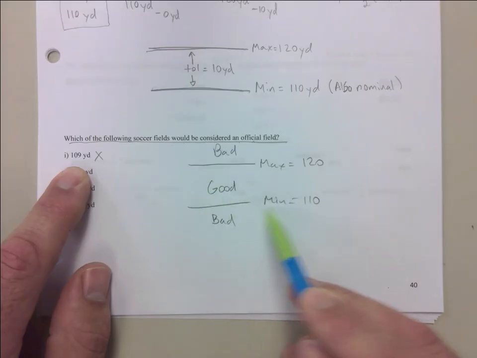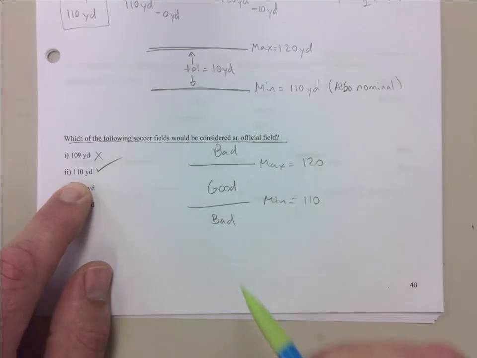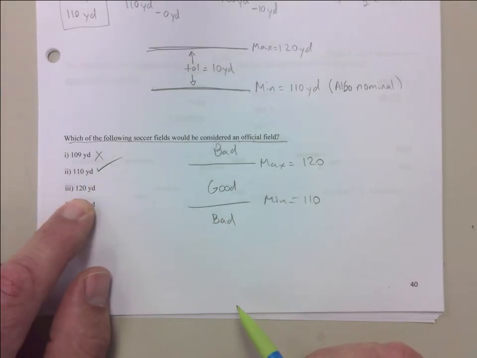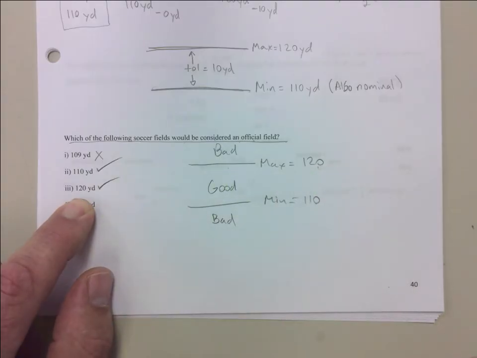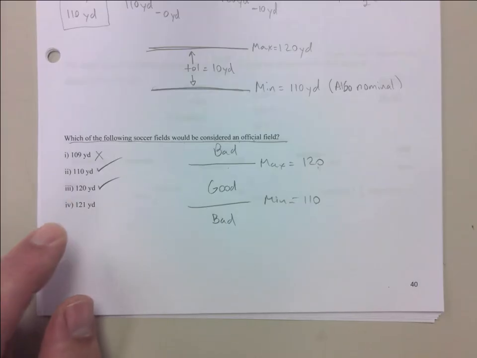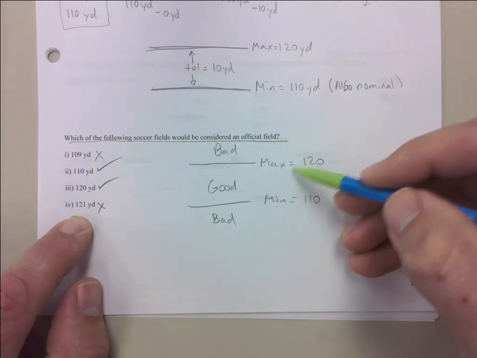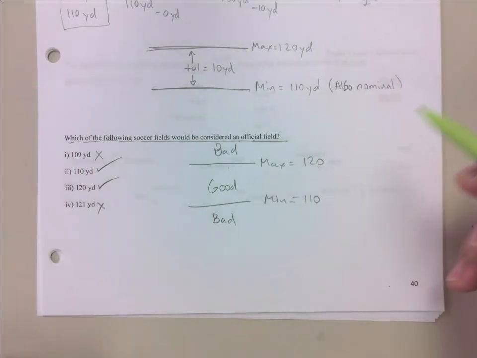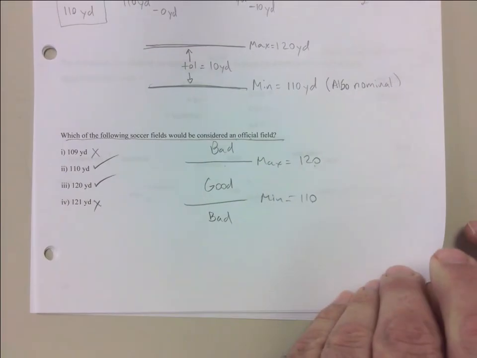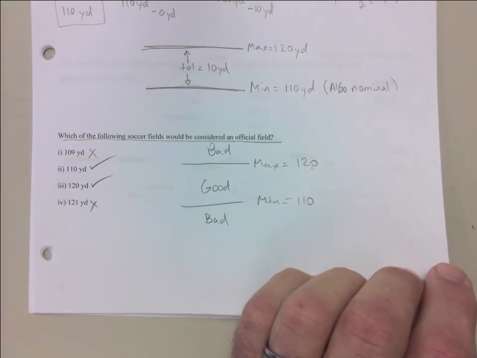It's 109, it's shorter than 110. 110, would that be okay? Yes, it would be. 120, would that be okay? Yes, because 120 is part of our expectations here. It meets it. 121, it would not meet, because then you're past the max, right? So these are a few items that you can expect to know as well, like which one of these would pass the quality test.